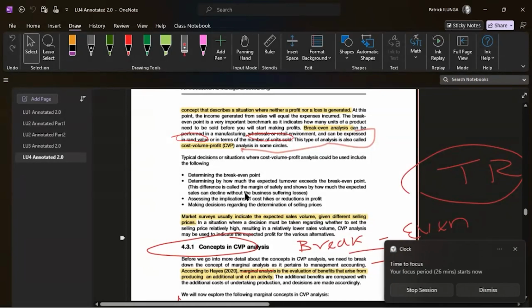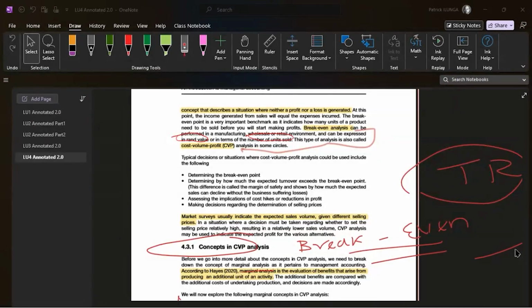If you understand manufacturing, you'll be able to comprehend any other type of business, because the most complex is manufacturing. And here we are touching on the cost volume profit, CVP. So when you see the cost volume profit analysis, it's the CVP.